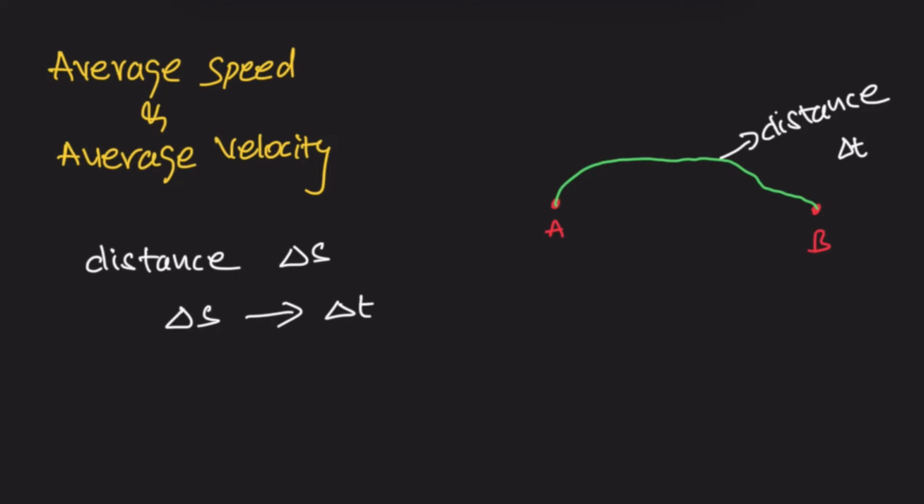So in 1 second it covers a distance of delta s by delta t. Bring delta t to this side, then it becomes the denominator. In 1 second, how much distance is covered? That is the average speed.